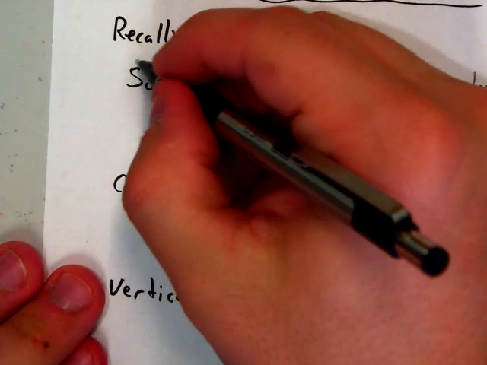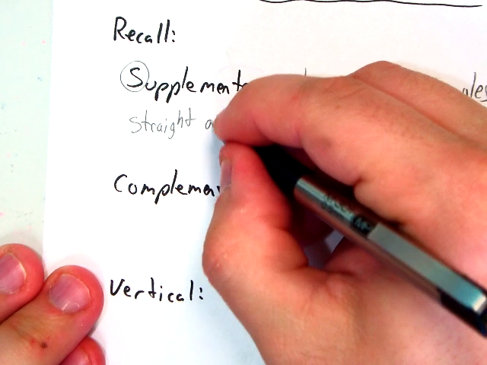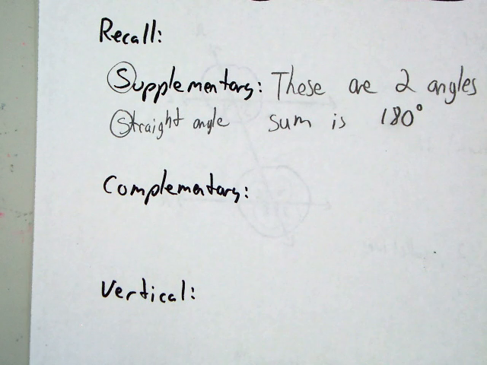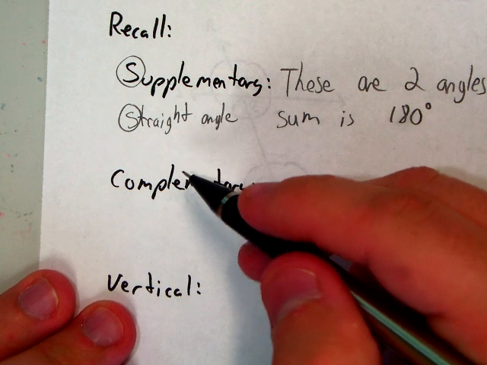One way that you can remember it is supplementary and straight angle both start with S, because supplementary angles form a straight angle.